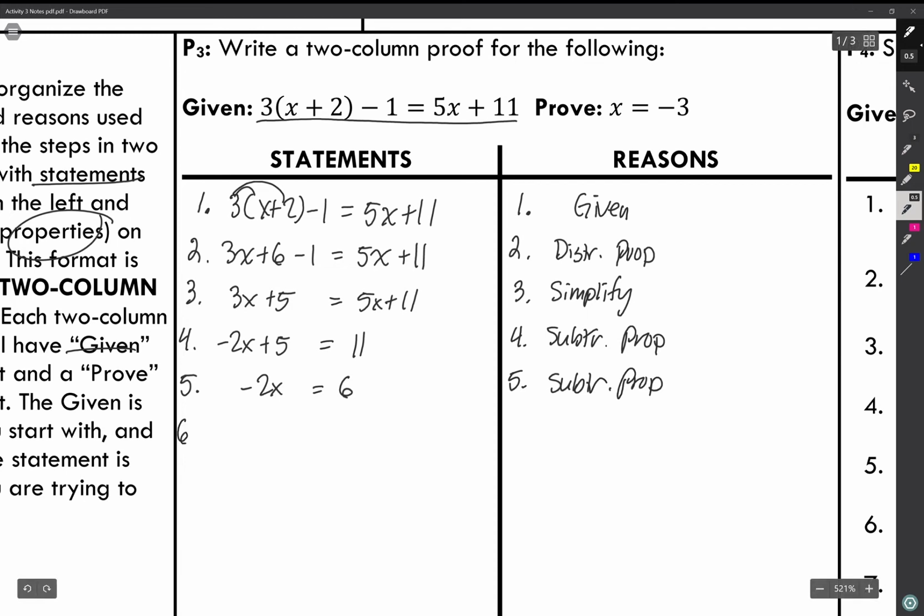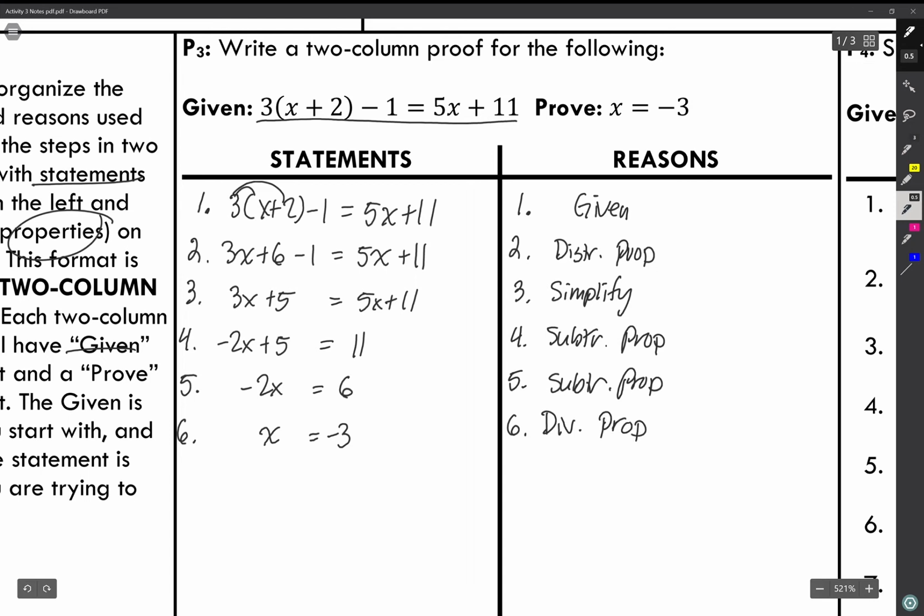Last step, I want to get x by itself, so we divide both sides by negative 2, and we're left with x is equal to negative 3. So number 6, if we divide both sides by the same thing, we get the division property.